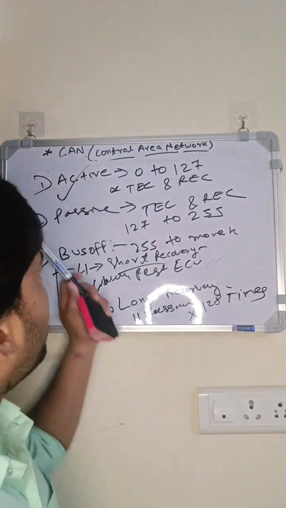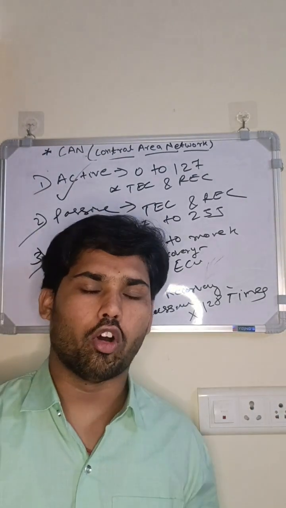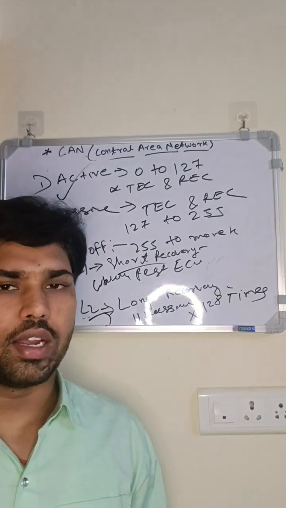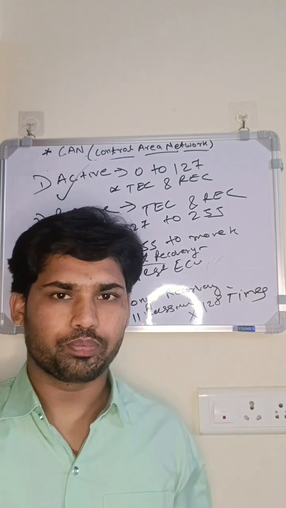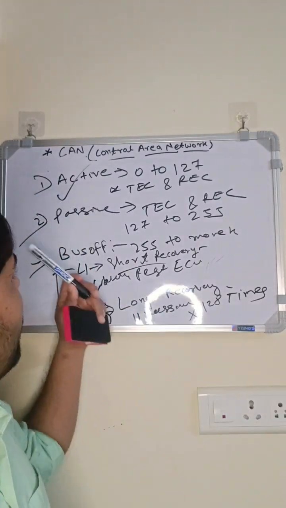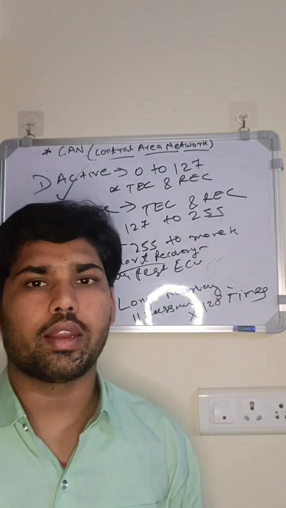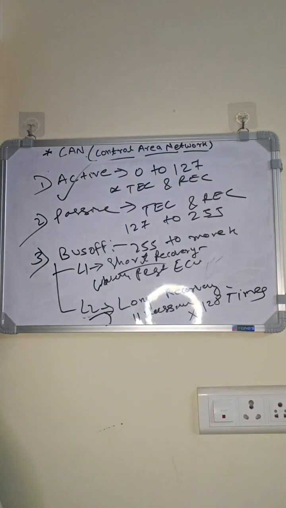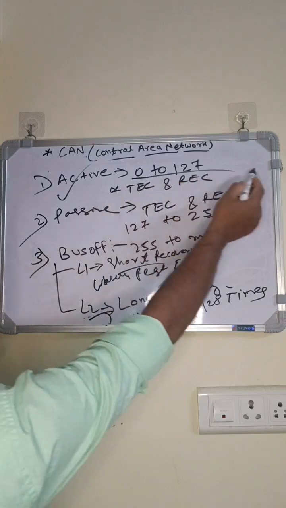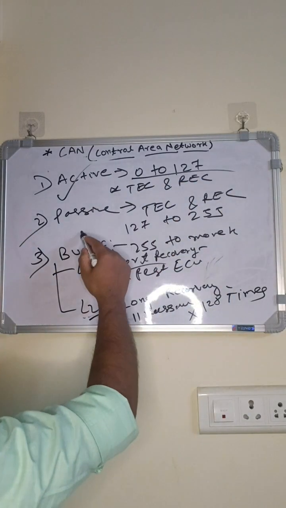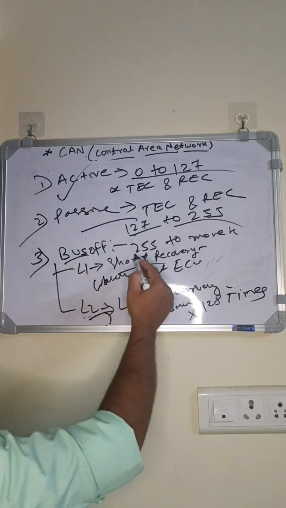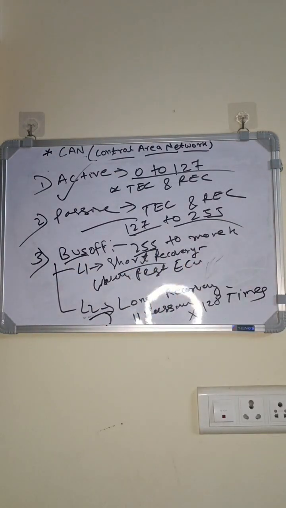Next I talked about types of error: bit error, form error, acknowledgement error, stuff error, and CRC error. Next are the states of CAN error: active error, passive error, and bus off error. Active error starts from 0 to 127, passive is 127 to 255, and bus off is 255 to more than 255.